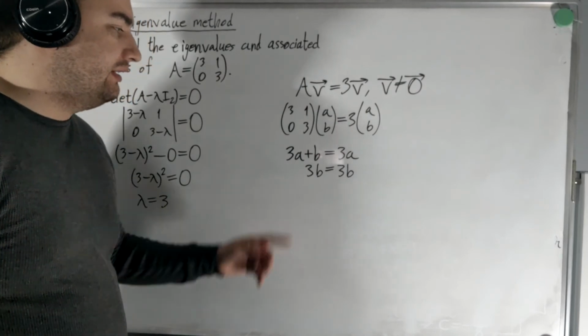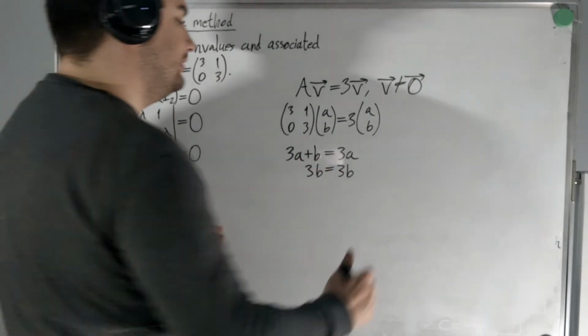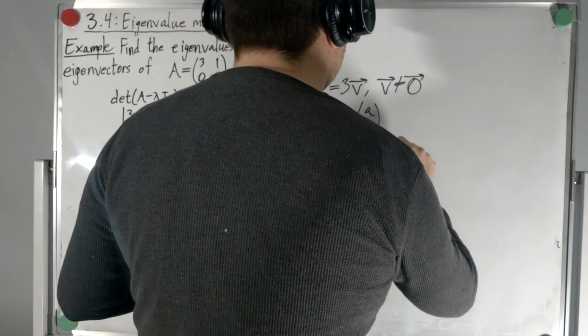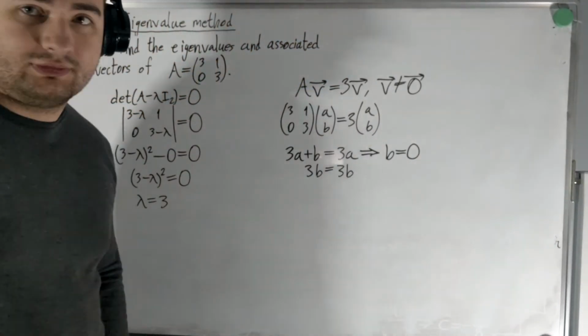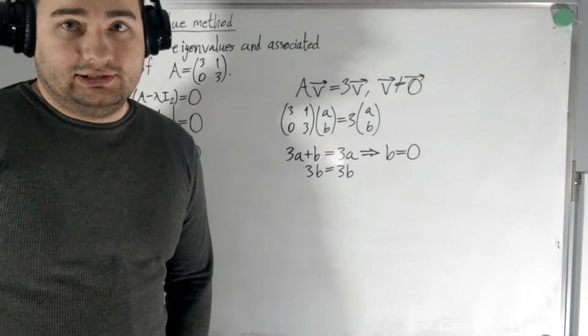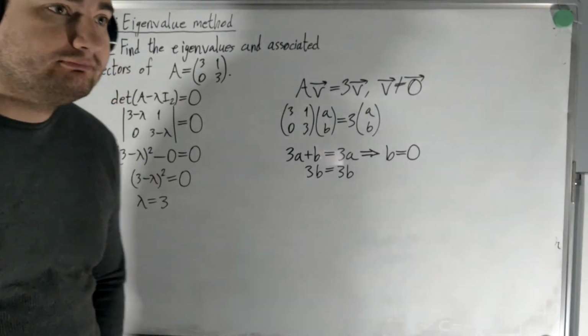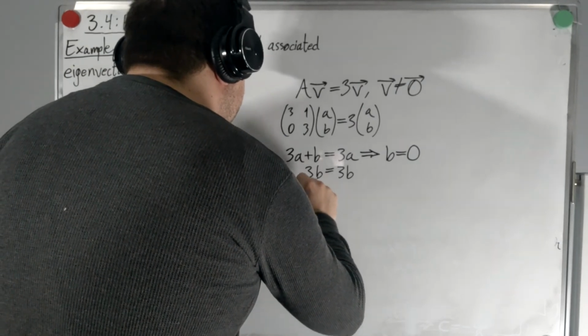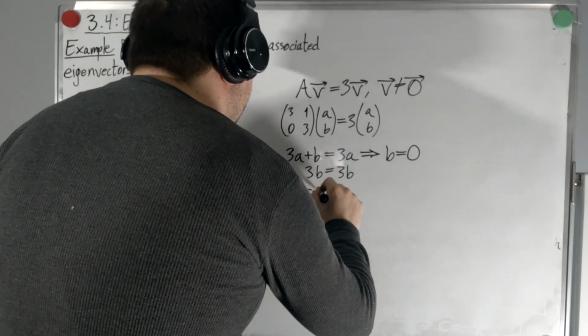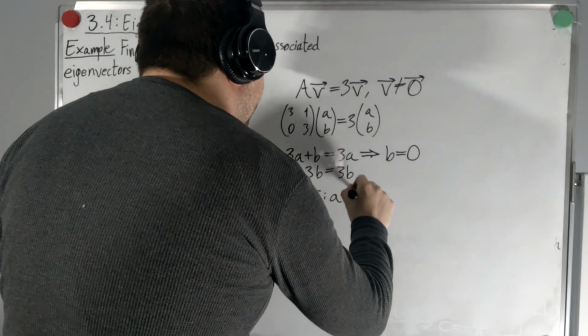You subtract 3a from both sides of the first equation, and what you get here is b equals 0. That's the only condition. So we can make the choice a equals 1.